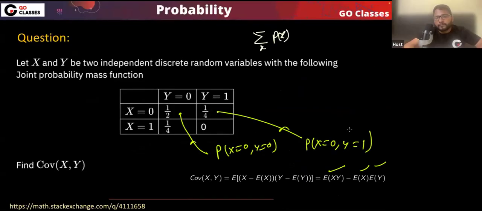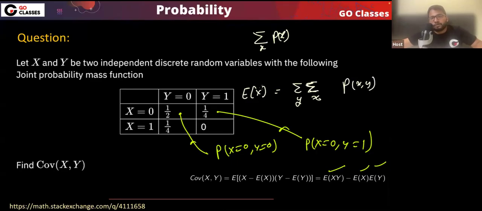Now, coming to this example here, we want to find the expectation of x. So the expectation of x will be the summation over all the possible values of x, all the possible values of y, the function, whatever the function is, and then p(x,y). So what is this function? Just x. So if you sum over all the possible values of x and all the possible values of y, y is not even playing any role.